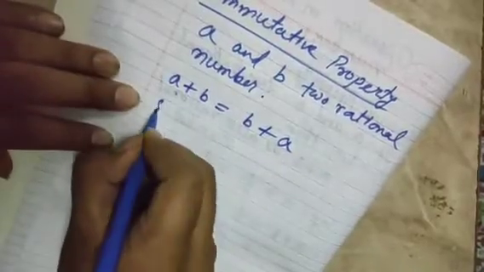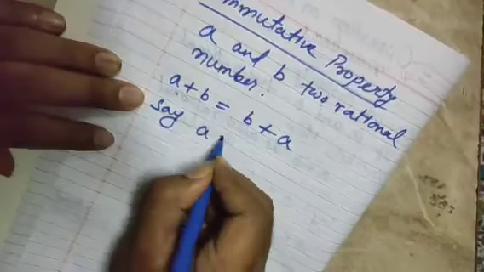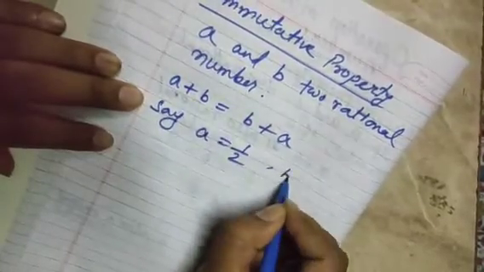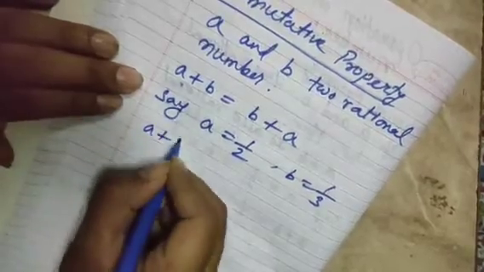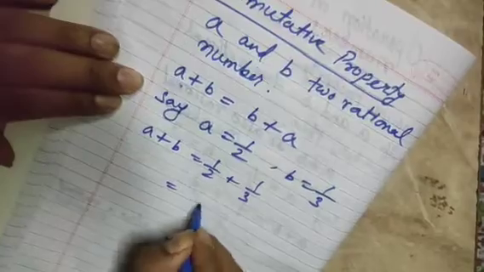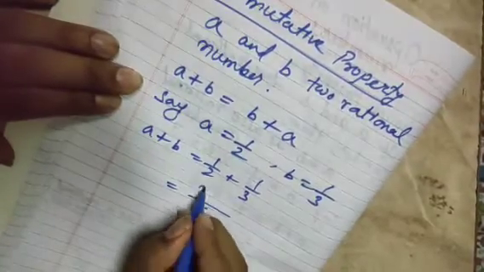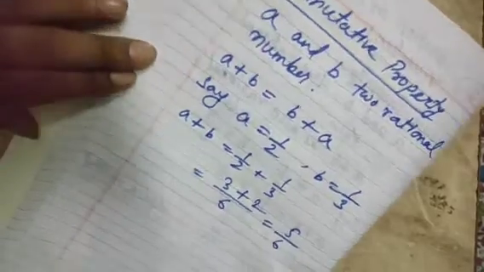For example, say we have taken a equal to 1 by 2 and b equal to 1 by 3, two rational numbers. Now a plus b, that means 1 by 2 plus 1 by 3, we get 5 by 6.